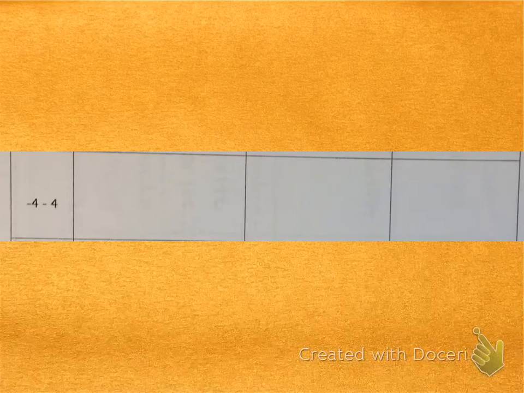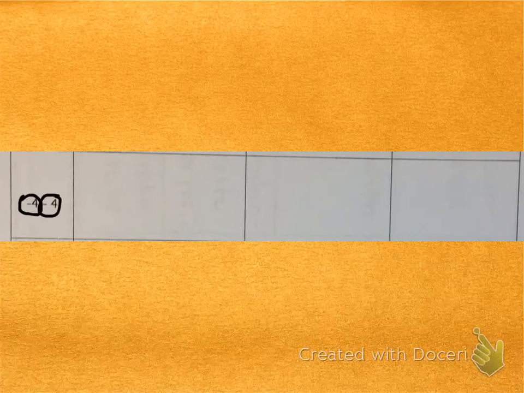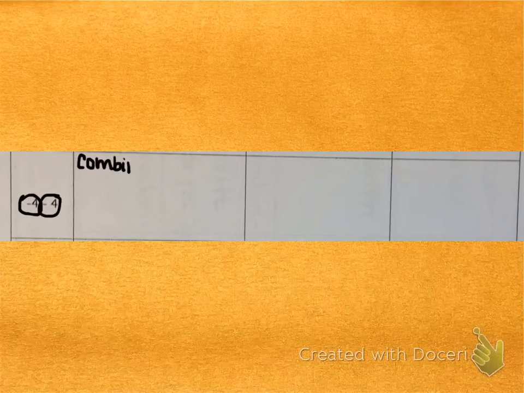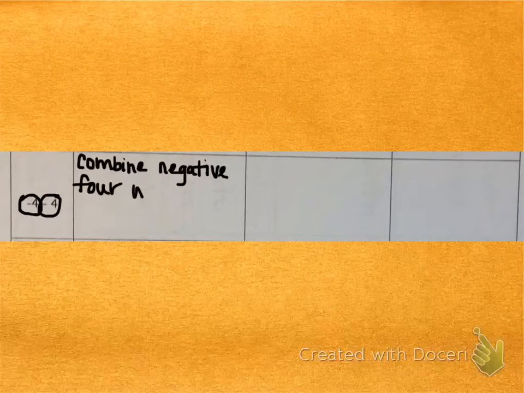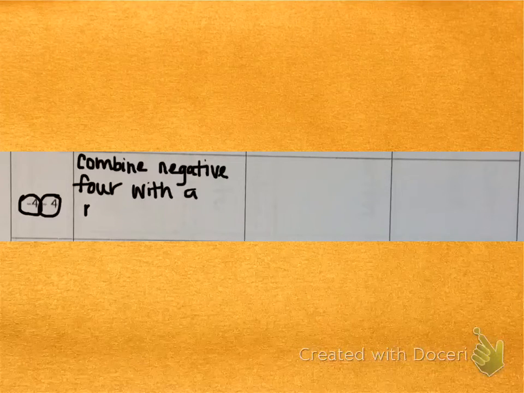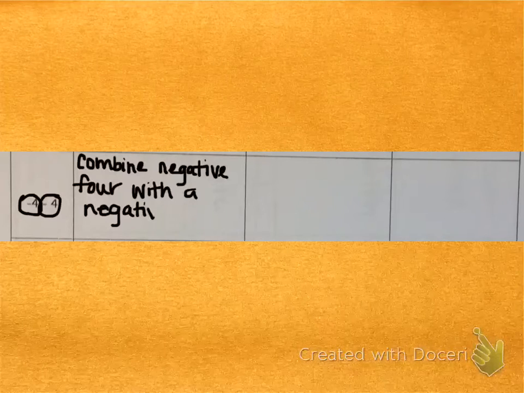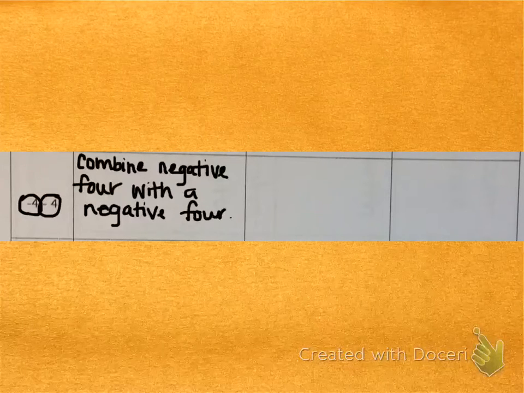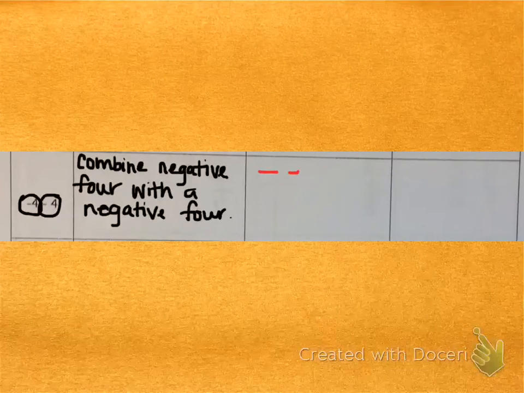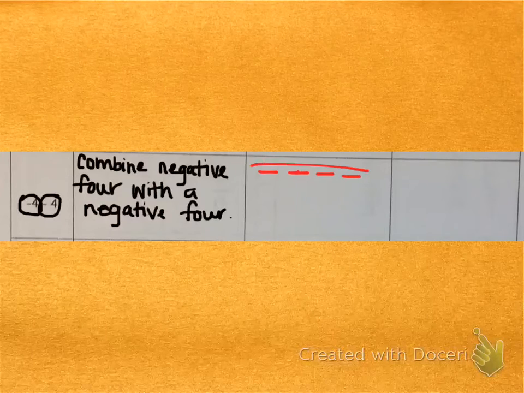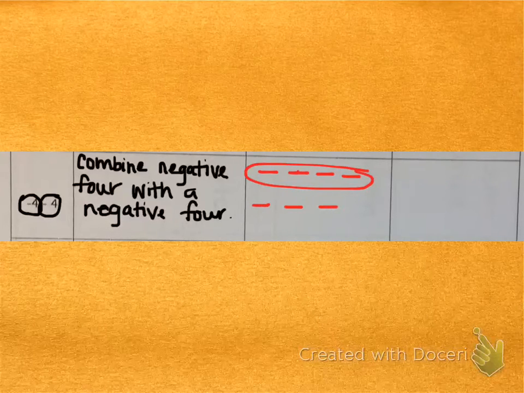Let's do another one. So here I have a negative 4 and a negative 4. So I am going to combine a negative 4 with a negative 4. So I have negatives, so I'm going to use my red. So I have 4 negatives, 1, 2, 3, 4. And 4 negatives, 1, 2, 3, 4.